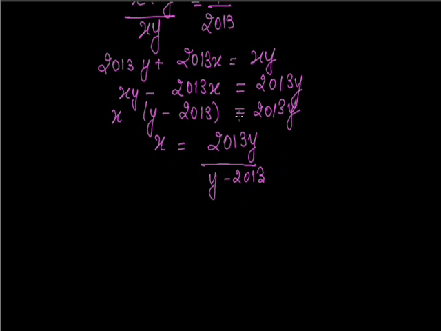Okay, let's now see. It is given that x equals this. So 1 upon x plus 1 upon y is equal to 1 upon 2013.